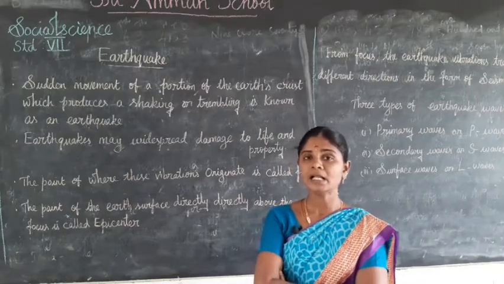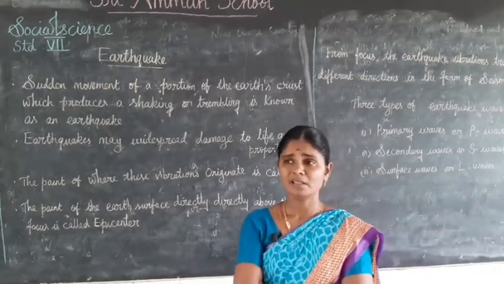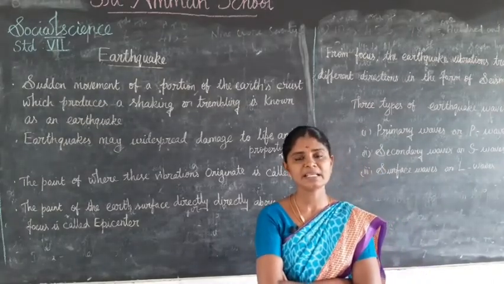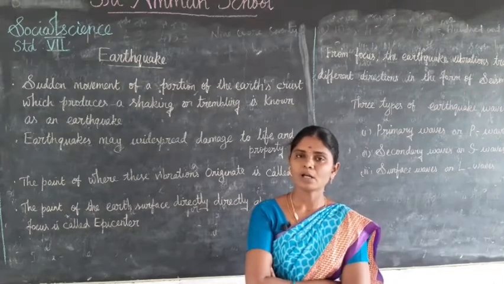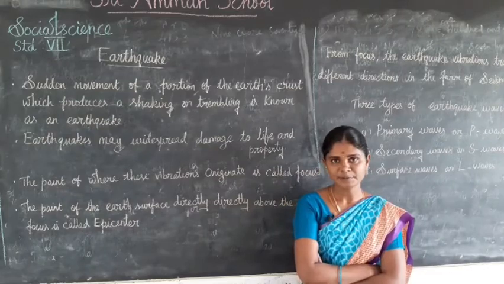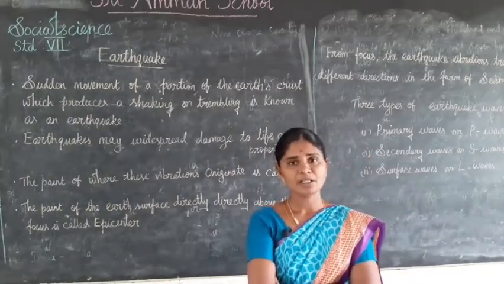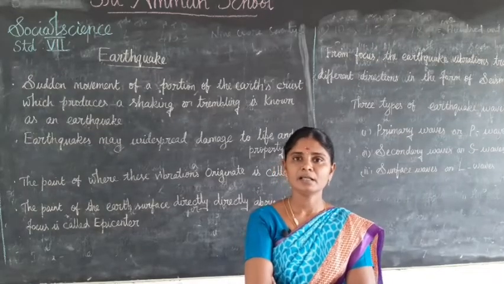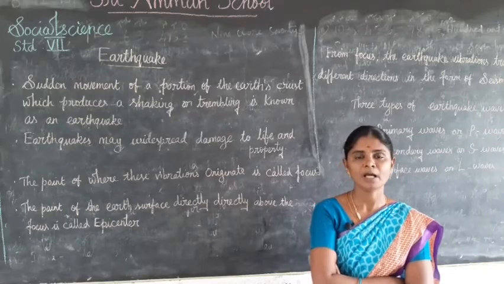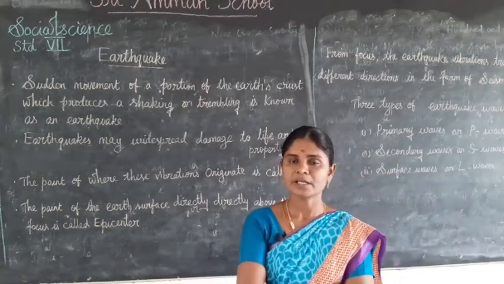The mantle is in molten form. The plate movement is the main reason for earthquakes and volcanic eruptions. The mantle is divided into the upper mantle and the lower mantle. The upper mantle remains in rocks, but the lower mantle is in molten form, and the inner core and outer core are also in molten form.